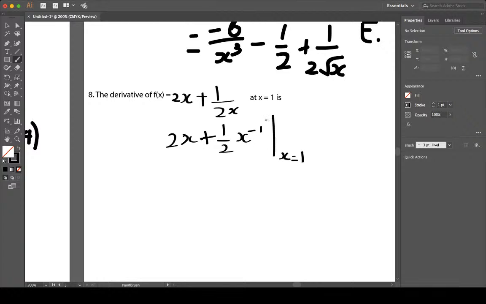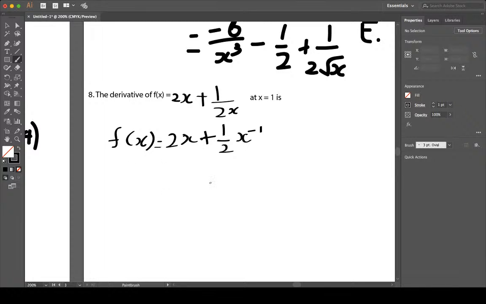That is what you normally write. Sometimes it's d of this guy over dx, but for me, I would just write it like this instead. Function x is this guy.